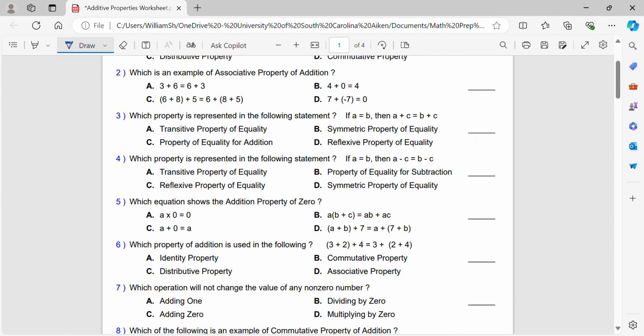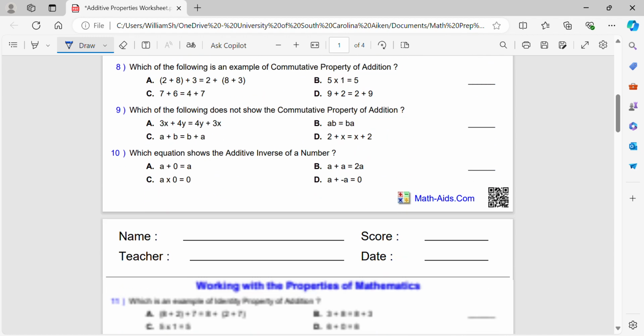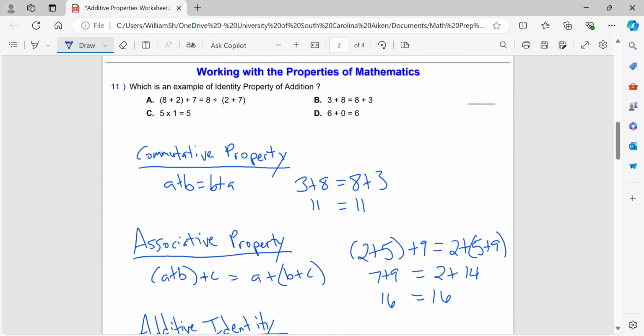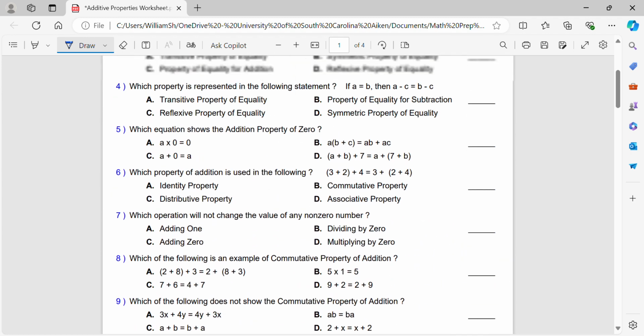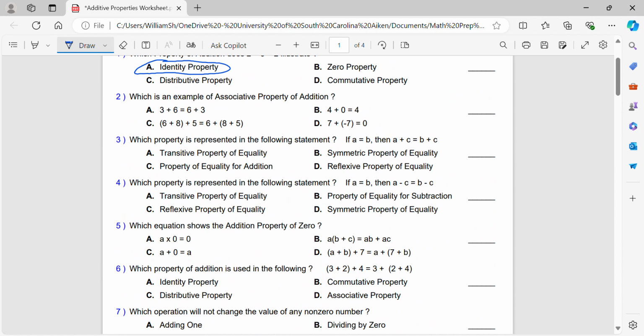Number 2 says, which is an example of the associative property of addition? Now, if we look at these, okay, we're looking at the associative property, right? If we look at A, 3 plus 6 equals 6 plus 3, okay? If we scroll down and we look at our notes here that we just took, that kind of looks more like a commutative property, right? So, part A kind of looks like the commutative property.